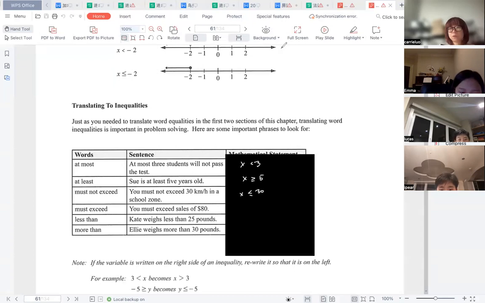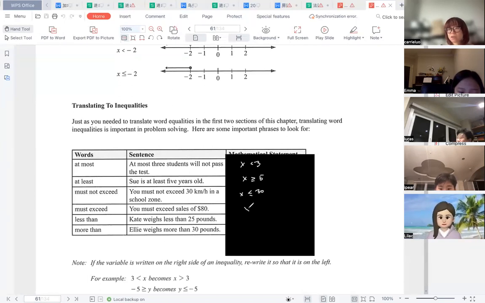Very good. You know, cannot equal. You must exceed. 必须超过. Understand? Because so you must be bigger than 80. That is the right thing. Get it? 对不对？我就跟你说，你很多小地方。Okay. So number 3, Kate weighs less than 25 pounds.